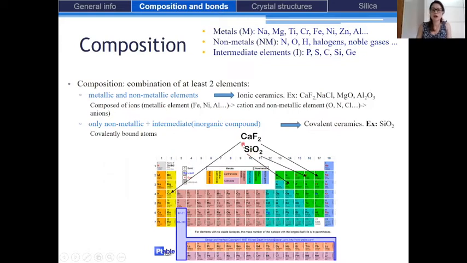And so, as we will see, fluoride is an ionic ceramic. In the case of silica, which is composed of silicon and oxygen, both of these elements are intermediate elements or non-metals, and so it leads to a covalent ceramic.